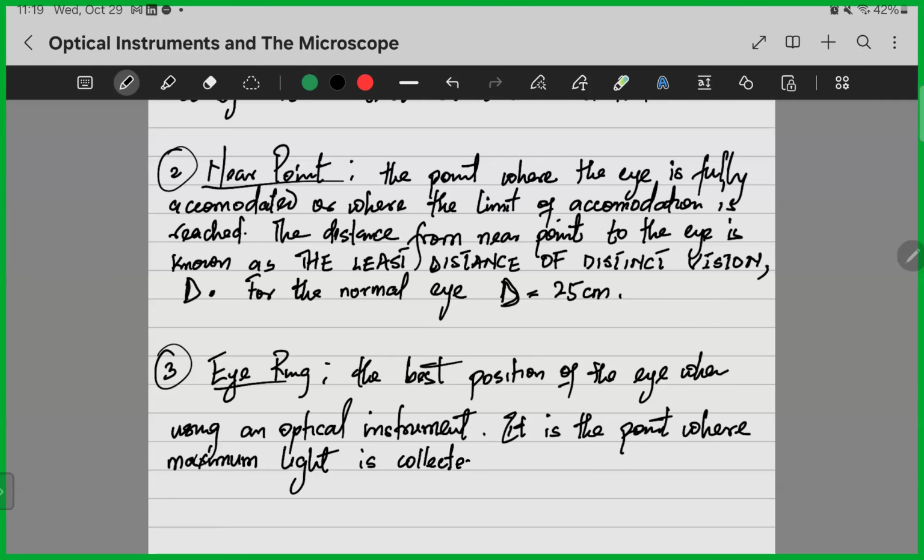If two lenses of focal length f1 and f2, let's talk about this point now.